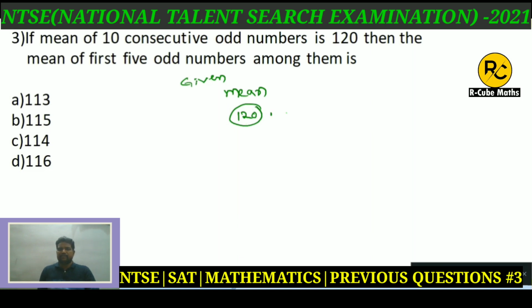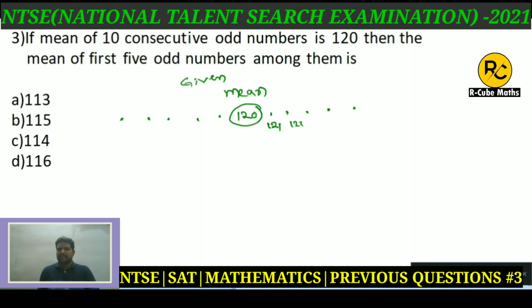After this mean there exist 5 consecutive odd numbers, and before the mean there exist 5 consecutive odd numbers. So 120 is an even number, so 121 is the odd number.